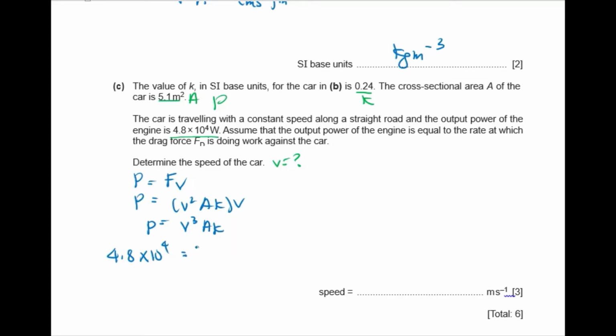We want to calculate v to the power of 3, with area 5.1 and value of k 0.24. So speed equals 33.71, about 34.0 meter per second.